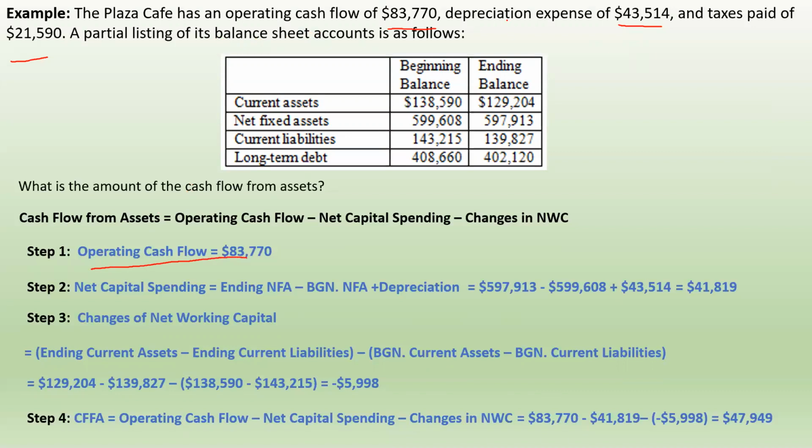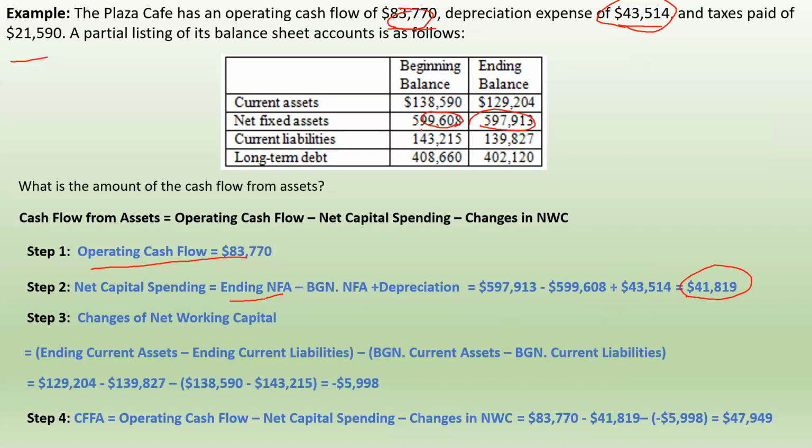Operating cash flow is over here. And the net capital spending is the ending balance of the net fixed assets minus the beginning balance of the net fixed assets, and add depreciation. Depreciation is here. So we found the net capital spending.